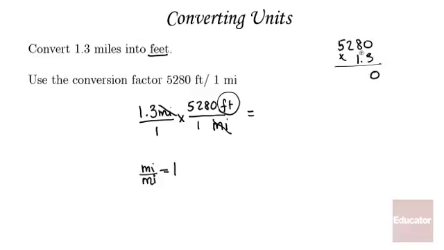3 times 0, 0, 24. Carry the 2, 6, 7, 8, and 15. Hold the place, 8, 2, and 5. 0, 12. Hold the place, and then 1 times 0. We need to move this over 1 space.